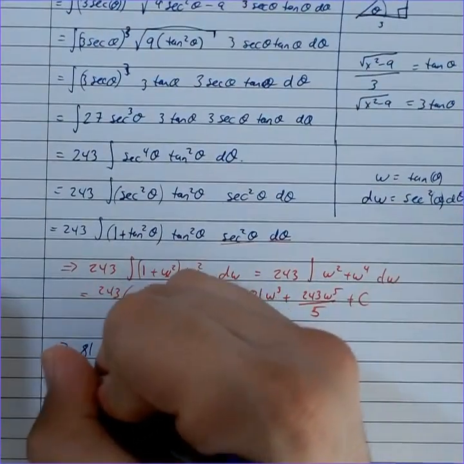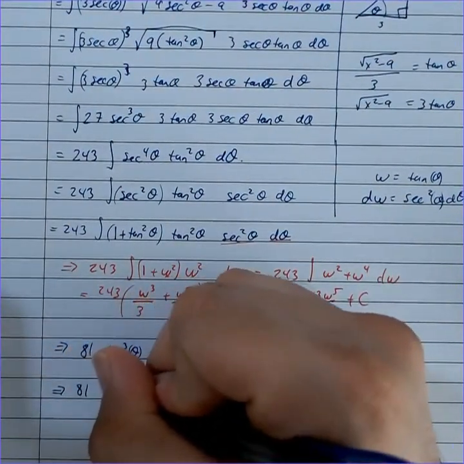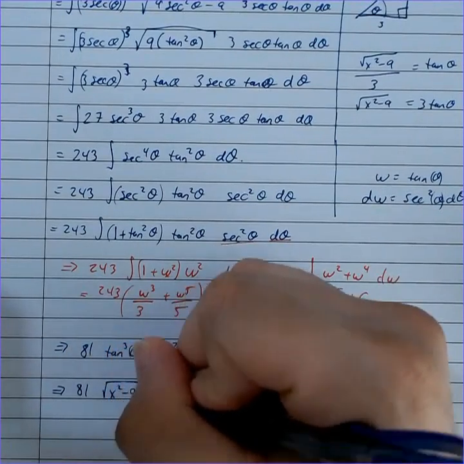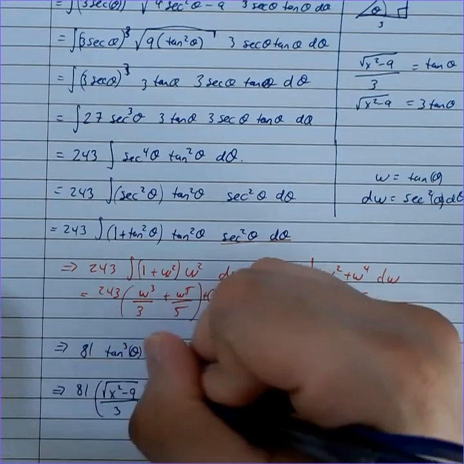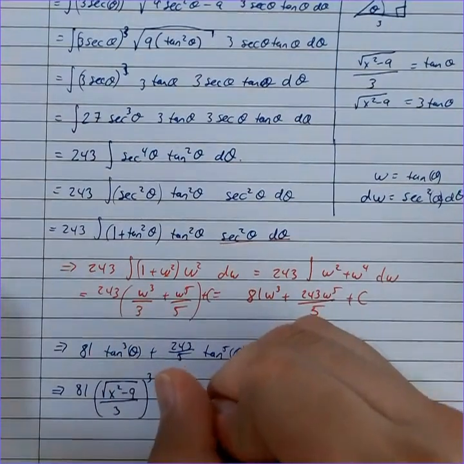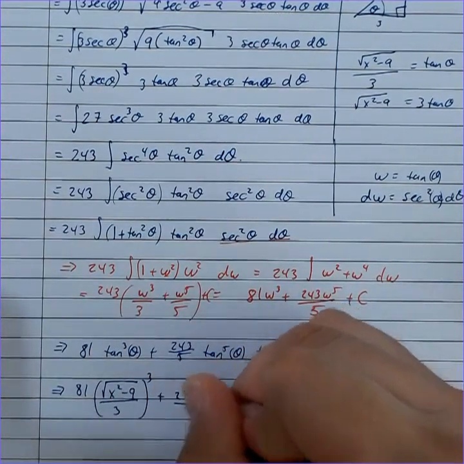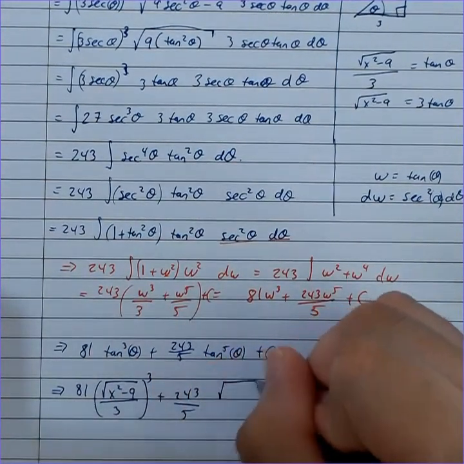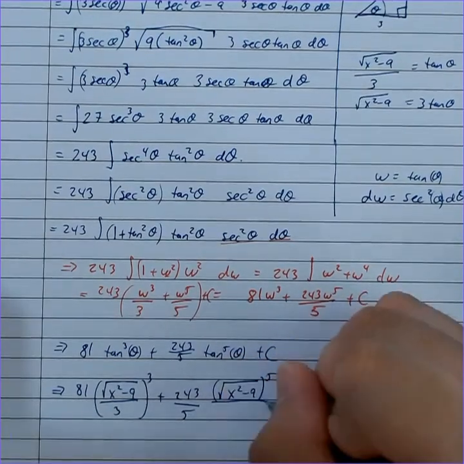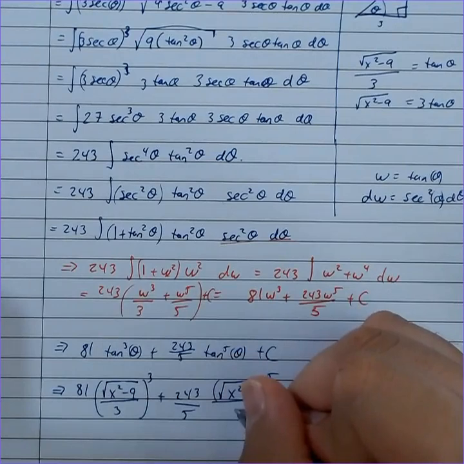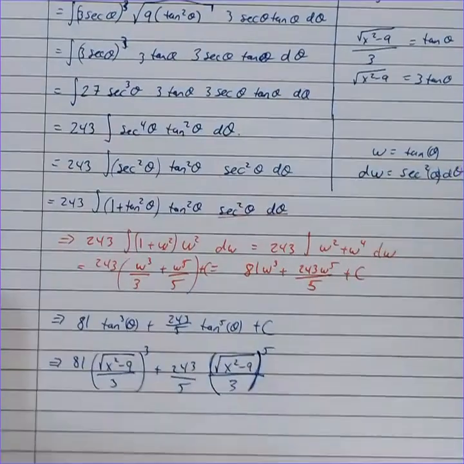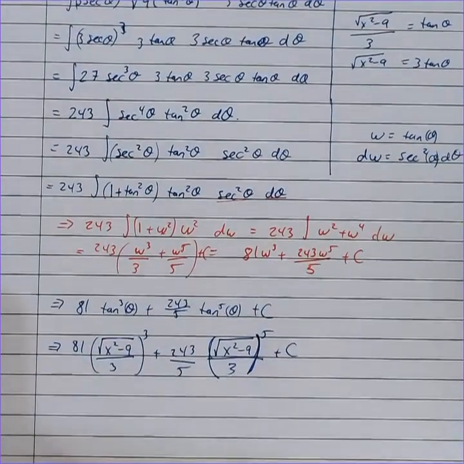So now this will become 81 times the square root of x squared minus 9 over 3, and that whole thing is being cubed, plus 243 over 5 times the square root of x squared minus 9 over 3, the whole thing to the power 5, plus our constant of integration.